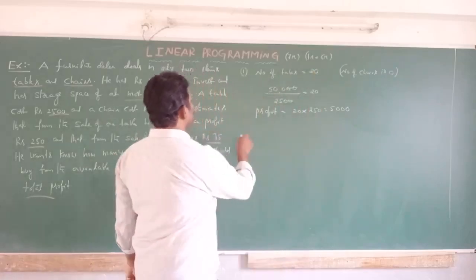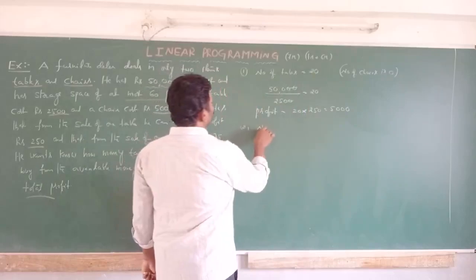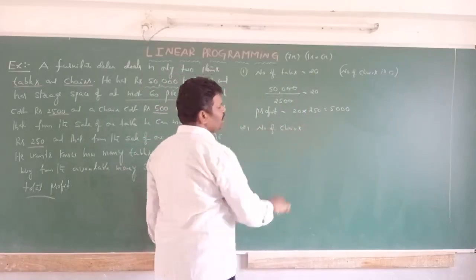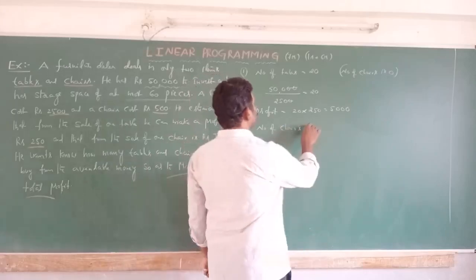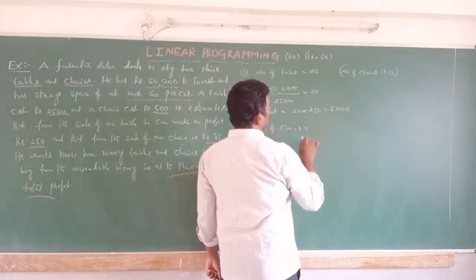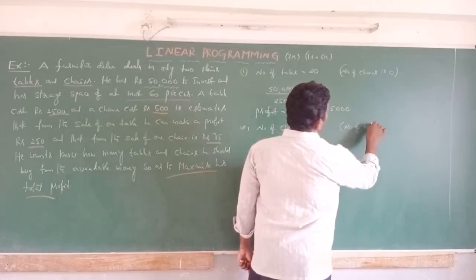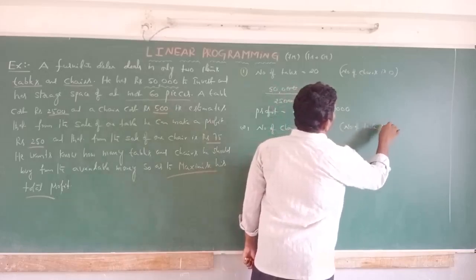In the second case, you buy only chairs, so the number of tables is 0.